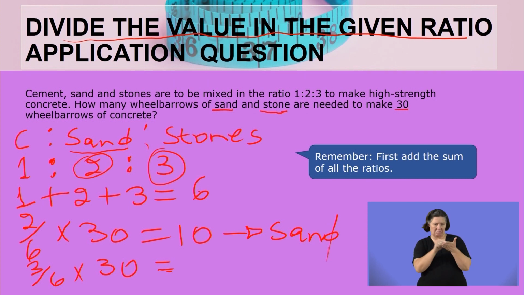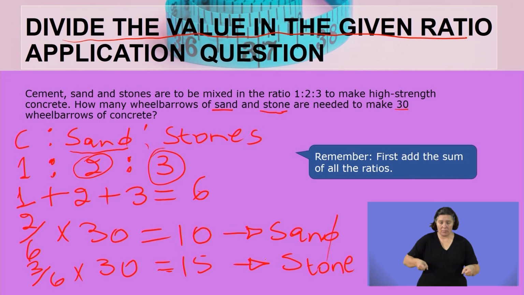I think I made a mistake because I don't get the answer. 3 divided by 6, multiply by 30. What I get is 15. So we need 15 wheelbarrows of stones and we need 10 wheelbarrows of sand. This is the calculation which was needed.